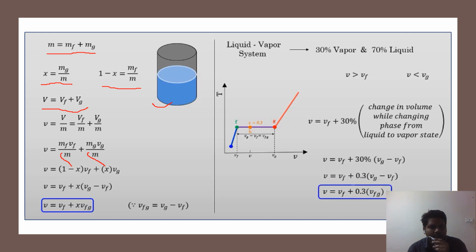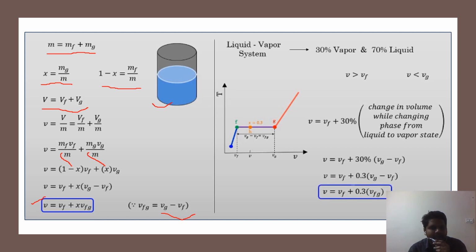Now if we simplify this equation, v equals vf plus, taking x as common, x into vg minus vf. So finally, v equals vf plus x into vfg. Here vfg is vg minus vf, which means specific volume of vapor minus specific volume of fluid. This equation is in terms of specific volume.